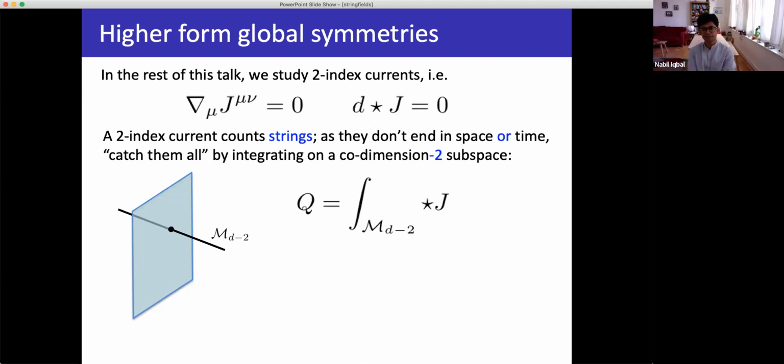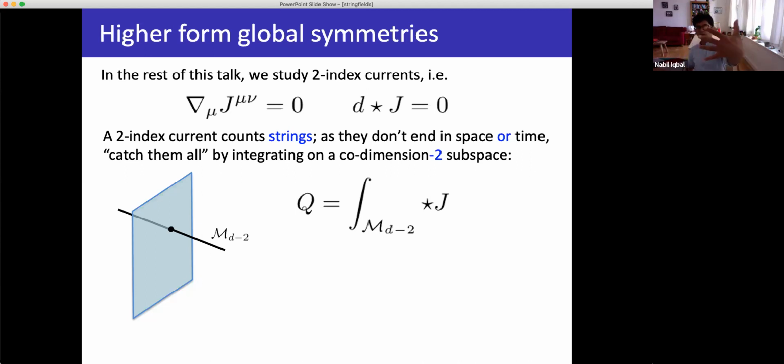Let's think for a bit about what a conserved string number means. Remember before I was counting particles, so I was integrating over a volume. But imagine you have a bunch of strings coming out of your laptop screen pointing towards you, and say you want to count those strings. How do you count them? Well, you don't need to integrate over the full room because the strings don't end. So you can just integrate over your screen, and every time a string is poking through the screen, you count 1, 2, 3, 4, 5, 6.